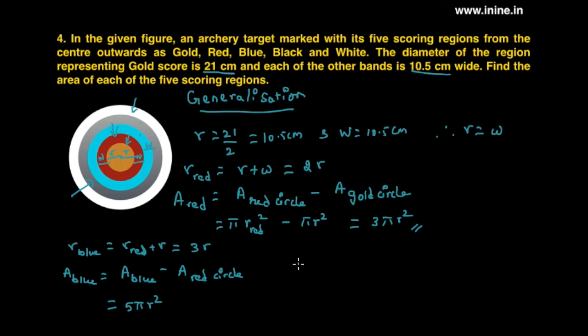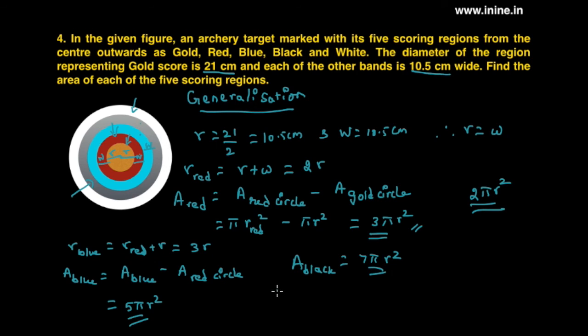If you proceed further in the same fashion, I can see a pattern that area of red region is 3 pi R square and area of blue region is 5 pi R square, and definitely in calculation you will find that area of black region is 7 pi R square. That is, every area it differs by 2 pi R square terms.